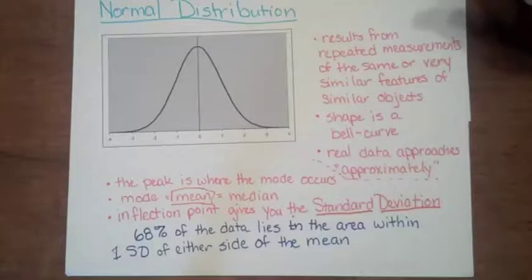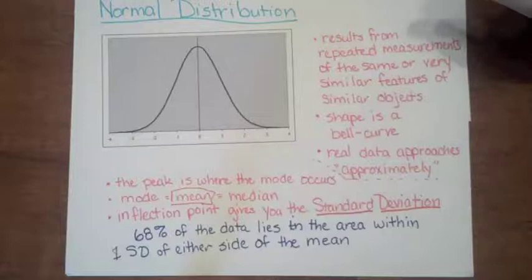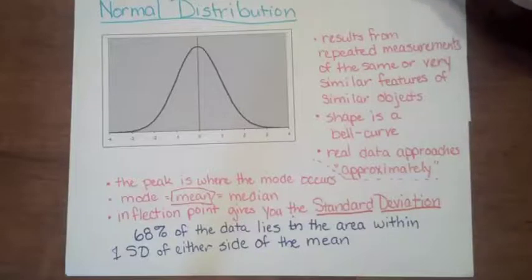So a bell curve might be the measurements of how big a penny is, or if you were measuring how long it took to mow a yard. If you did lots and lots of repetitions, you would probably come up with a bell curve or a normal distribution.